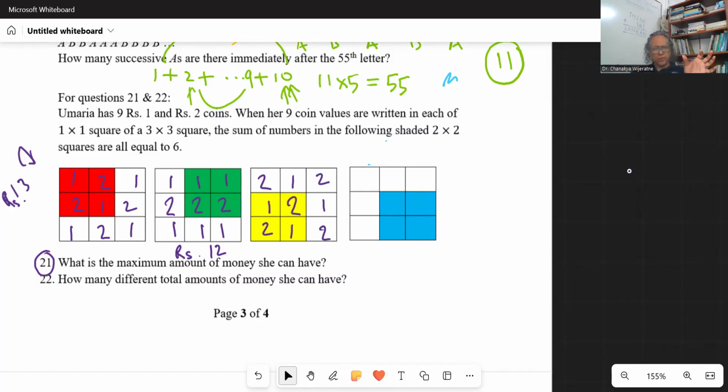Red one, 2 twos, green, blue, 2 twos. Yep, this works. So what is the amount of money? The rupees. So there are now 5 twos, which is 10, plus 4 ones, 14, right? So the amount of money went up, right?